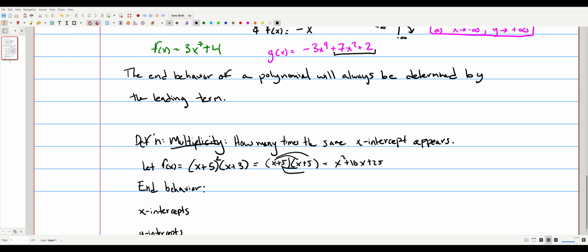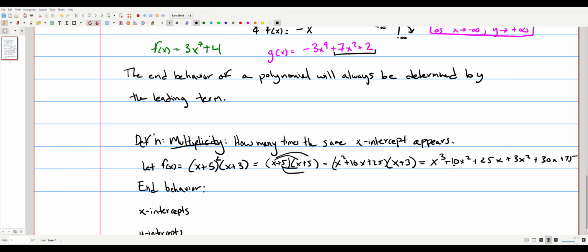And then not only do I have those 2 (x plus 5) factors, but I also have to multiply that times (x plus 3). So now I need to FOIL this way, and when I do that, what I'll get is x cubed, plus 10x squared, plus 25x, and now the 3 multiplied times everything, plus 3x squared plus 30x plus 75.